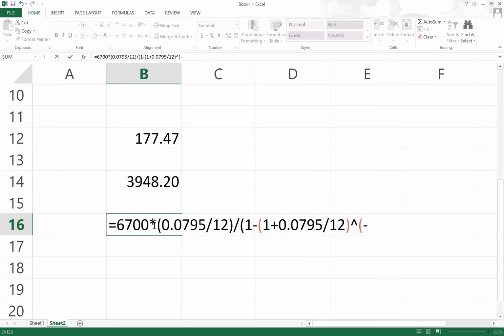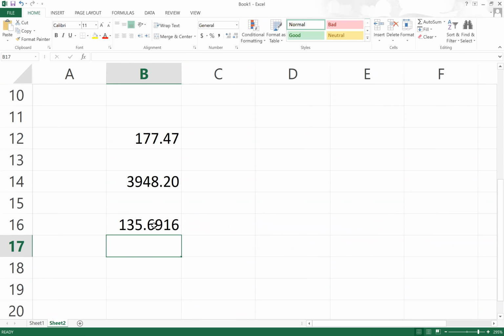If you don't want to calculate anything, that's fine. Just let Excel do the work for you, right? Completely, just input it like that. Now you get this. Okay, so it's $135.69.